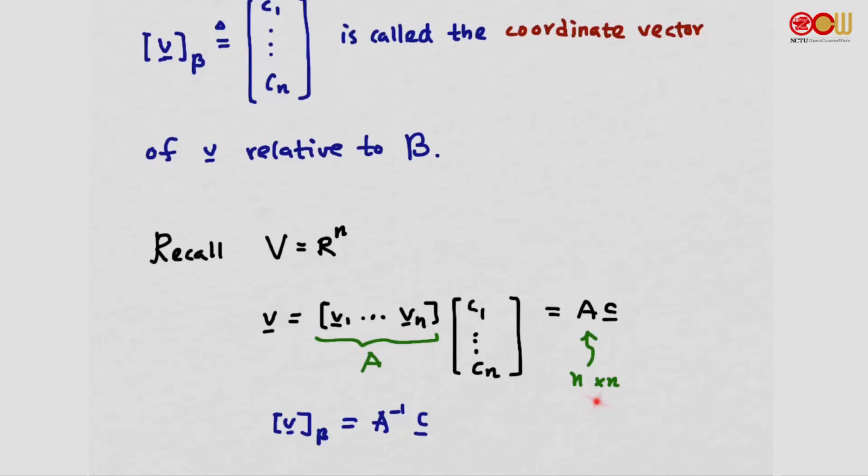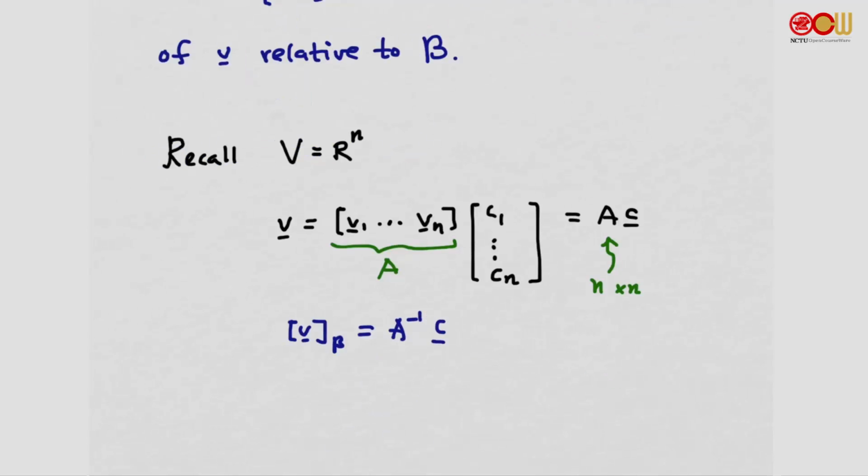So we no longer have an n by n matrix A here. So the coordinate vector cannot be written in a simple form like this. So how should we go about this? This one should be v here.